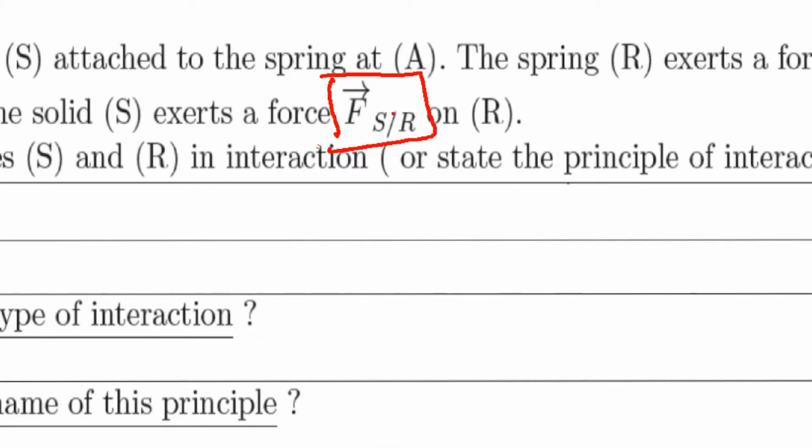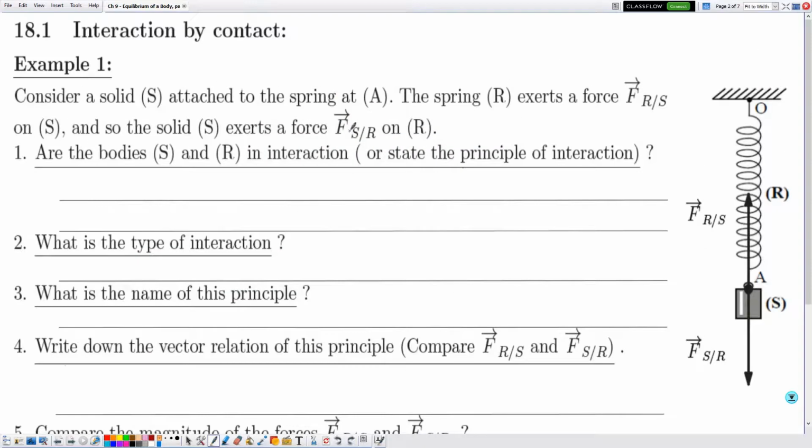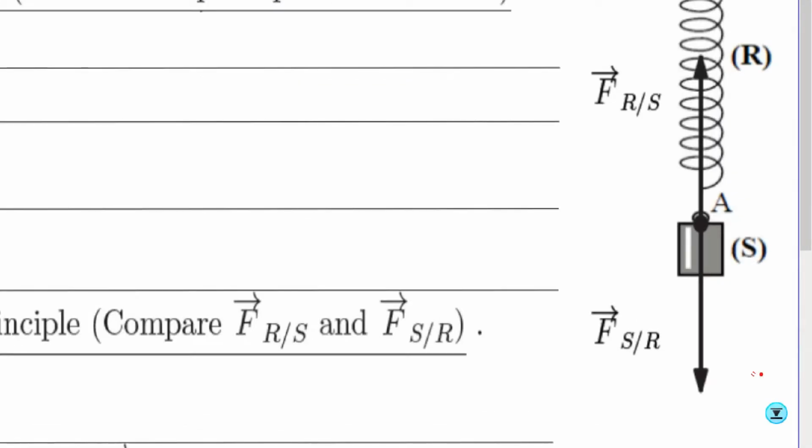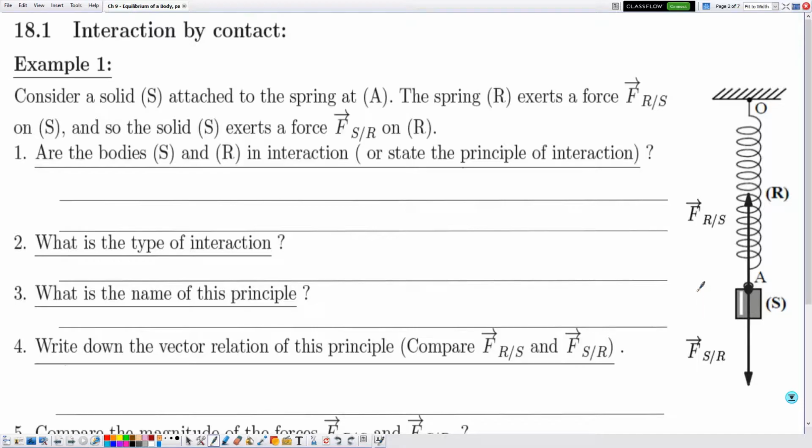So how do we determine Fs on R? Fs on R will be at the point A, having the same line of action but opposite direction and same magnitude. Let me repeat what is meant by the principle of interaction.